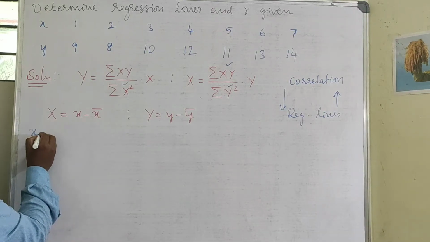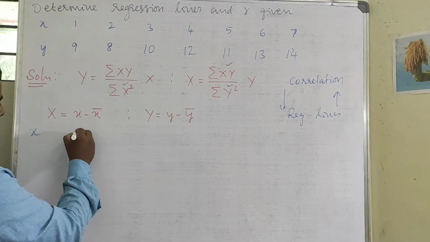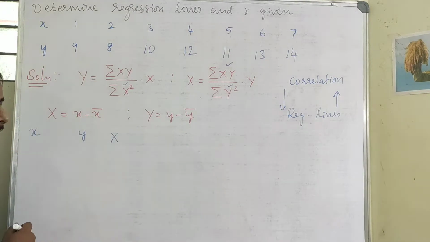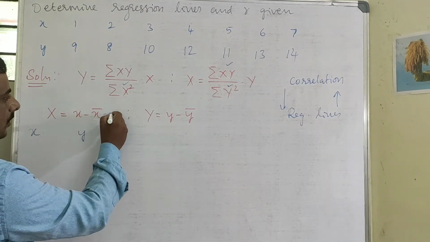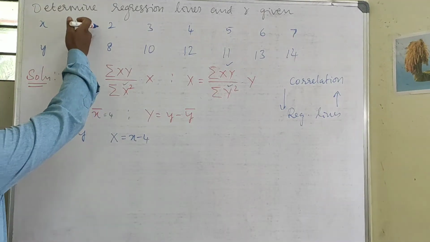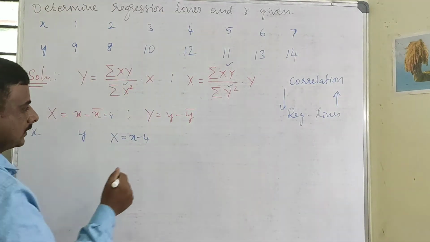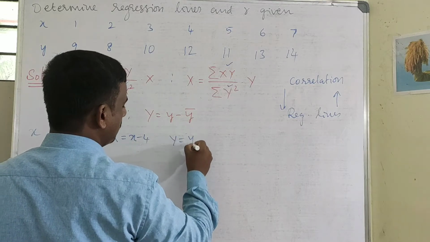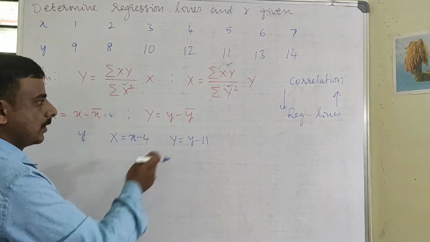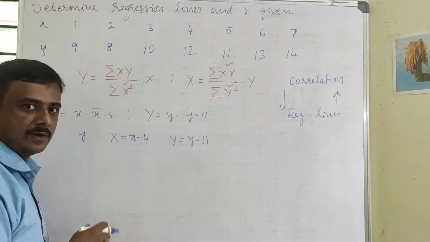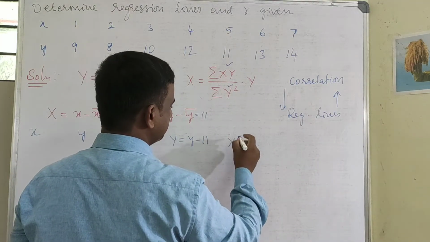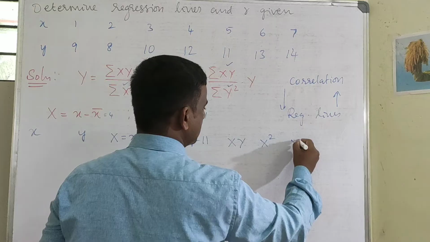In the table, the first column has the values of x, the second column the values of y, then capital X. You can observe that x bar is 4, so capital X will be small x minus 4; you have to subtract 4 from each value of x. Then capital Y, that is small y minus 11, because y bar is 11, which we computed in the previous video. Then I want XY, X square, Y square.